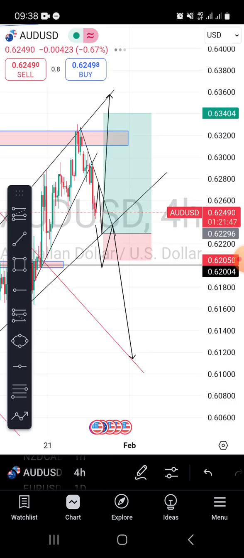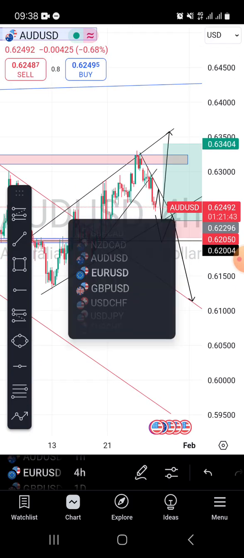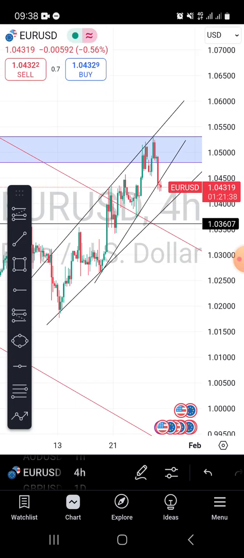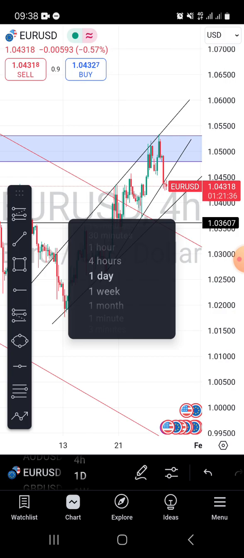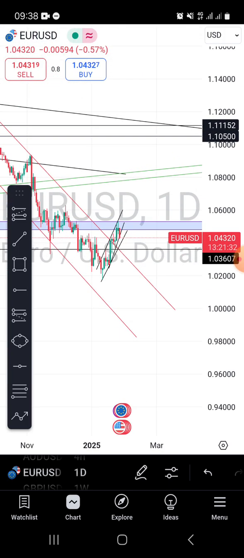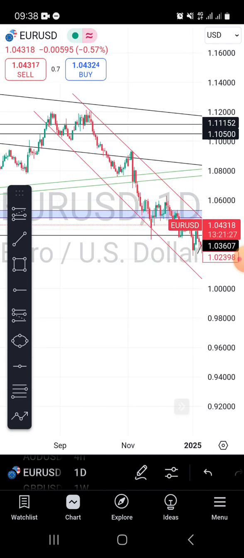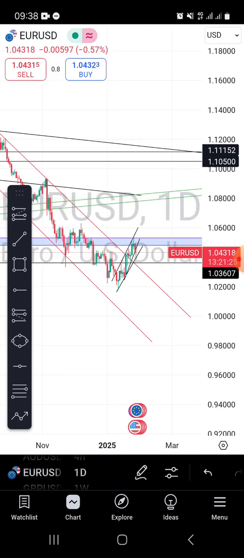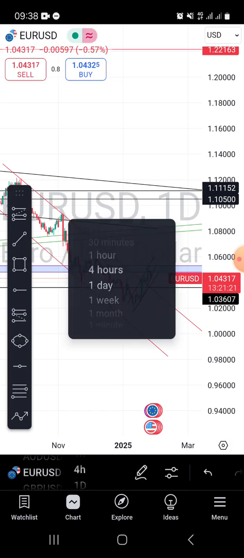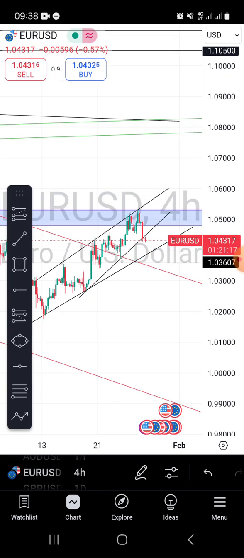Let me quickly move to Euro USD. Euro USD has something similar to AUD USD. On D1, it is clearly in a downtrend too.